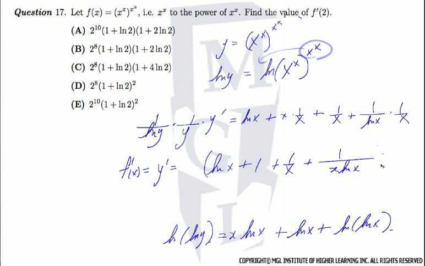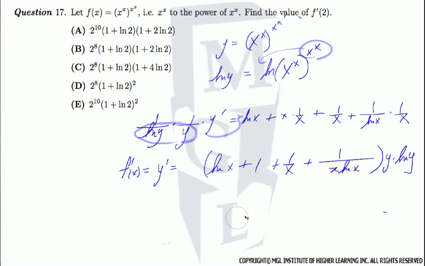Now all of that needs to be multiplied by this, which is y times ln of y. Now our goal is to find f prime at 2. The x terms are easy. You plug in ln of 2 plus 1 half plus 1 over 2 ln of 2.